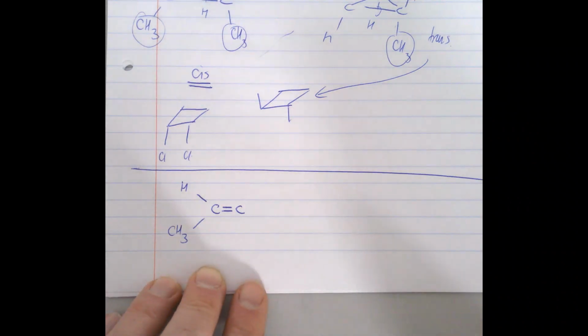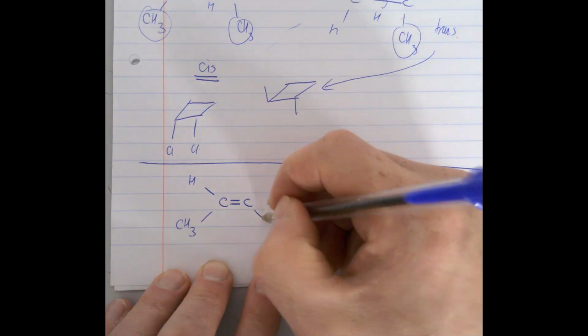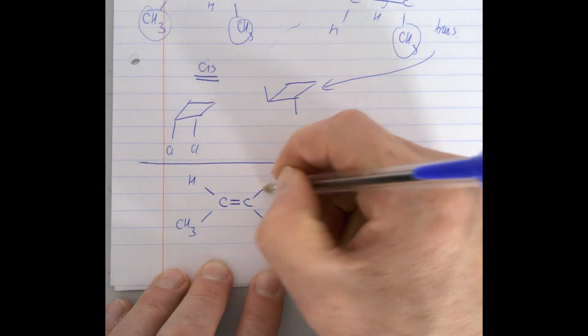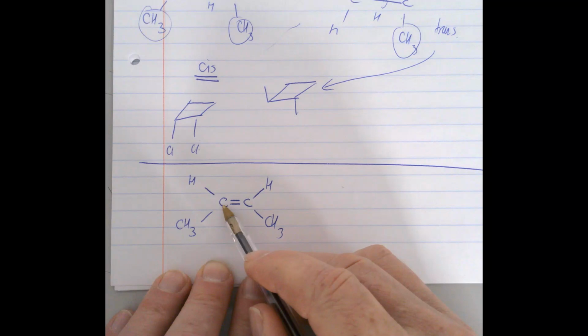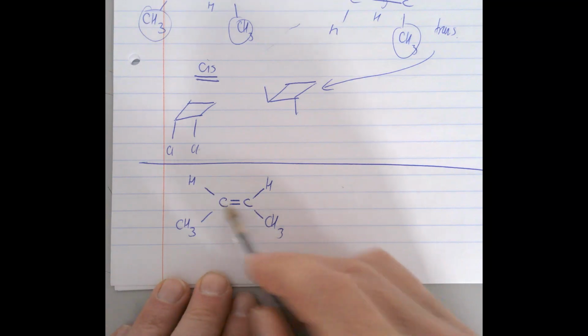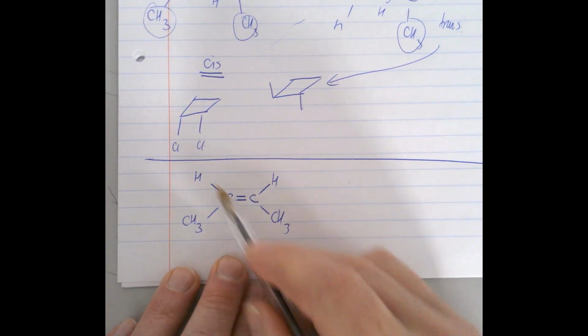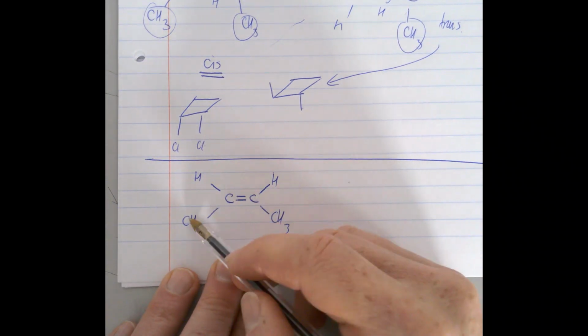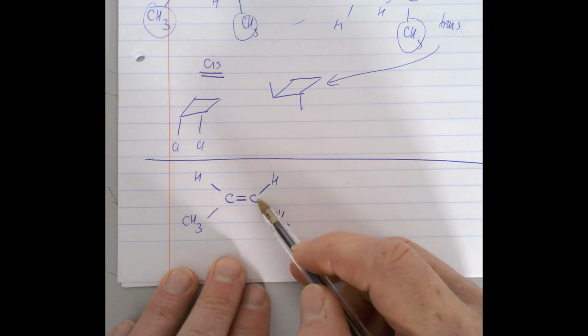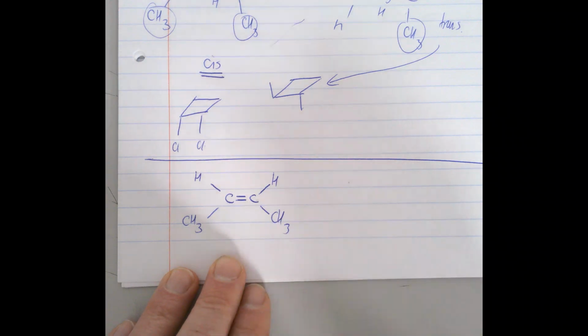So you'll only be given alkenes to look at where you've got 2 carbons either side of the double bond, of course, making an alkene. But on one carbon there'll be 1 hydrogen and a carbon chain. On the other carbon there'll be a hydrogen and a carbon chain.